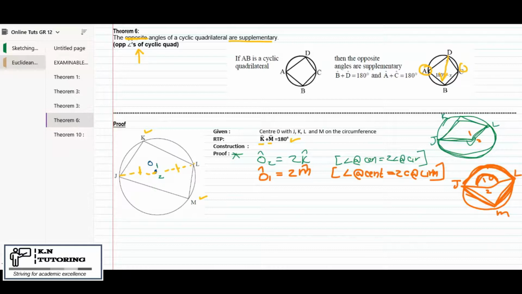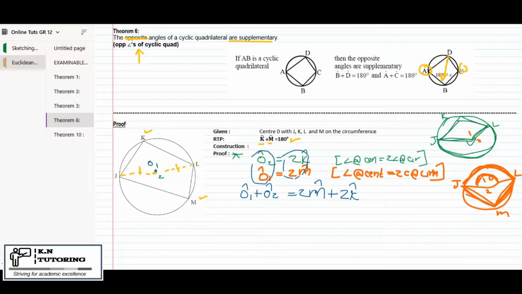Like we did on the previous one, we're gonna say O1 plus O2 is equal to 2K or 2M plus 2K. It doesn't really matter if you start with M or you start with K. So these are my angles, M and K. So you don't need to write the reason here, we just added the 2. So you added this, it's there, and then you added that, it's there on the right hand side. Okay, this is just basic algebra.